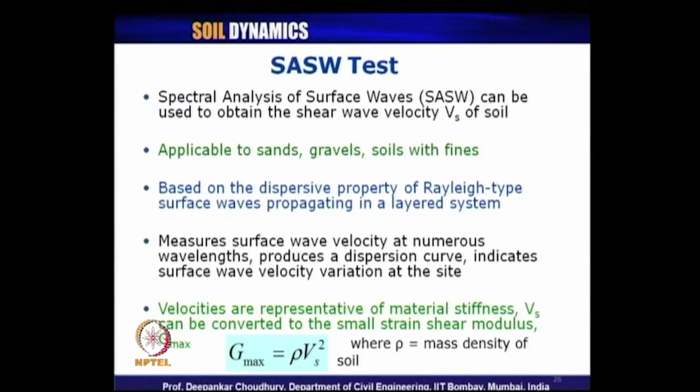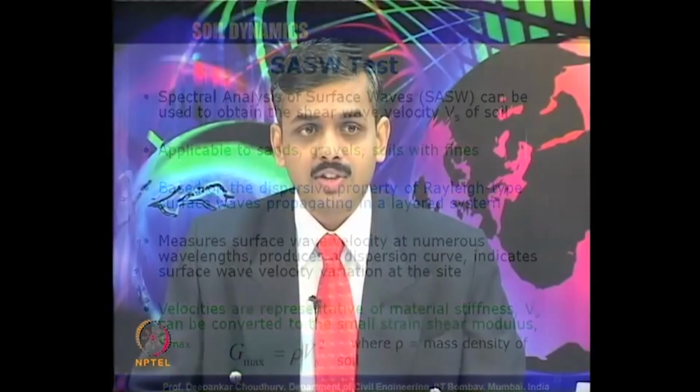Now, what are these surface waves? Most of the energy is taken care of by Rayleigh wave, as I have already mentioned in the theory of wave propagation. When the Rayleigh wave reaches the receiver stations, we record the arrival time of those Rayleigh waves and the corresponding distances from the charge point to those receiving stations. This Rayleigh wave will help us finally to obtain the shear wave velocity of the soil.